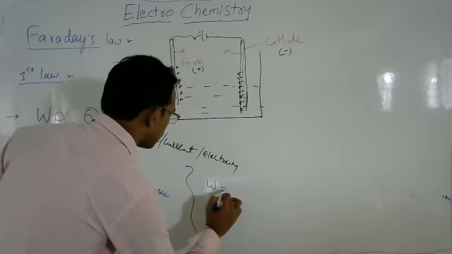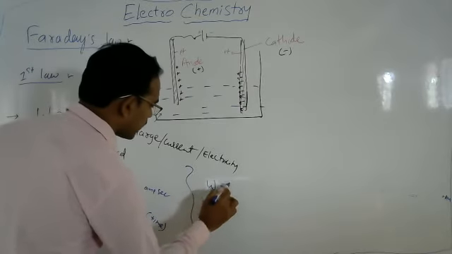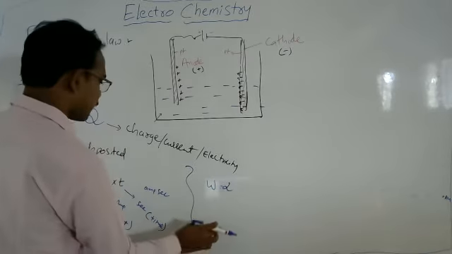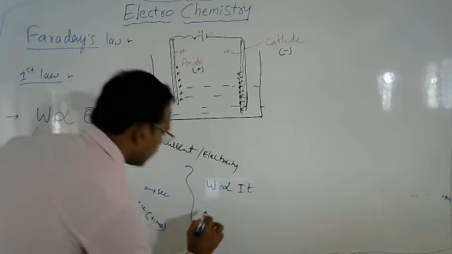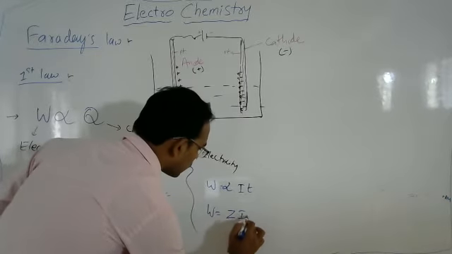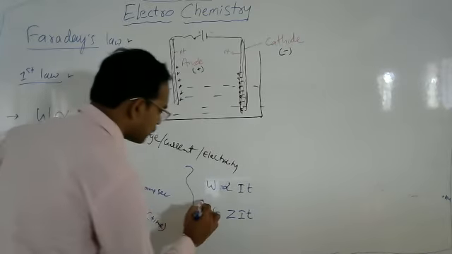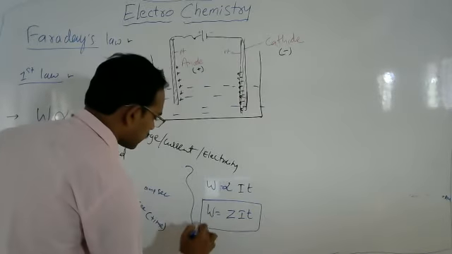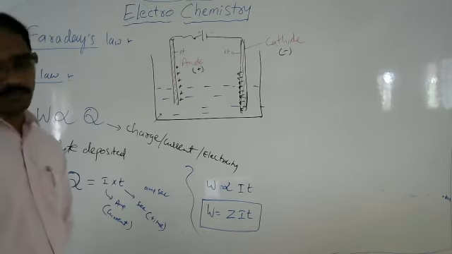So this formula I can write now. W is directly proportional to Q, and in place of Q I can write IT. Then W equals some constant Z times IT. What is Z here? Z is some constant, the electrochemical equivalent.